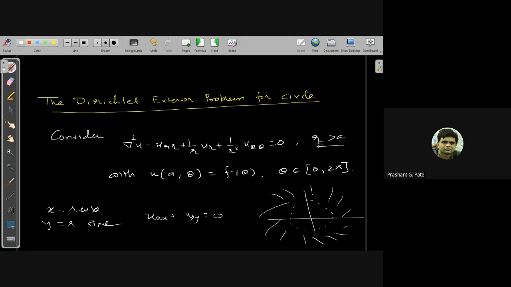That means r greater than a represents this area or this region, with the boundary condition u(a, theta) equal to f(theta). Obviously this u is bounded as r goes to infinity. That condition is also there. The boundary condition on this circle is that the value is f(theta).